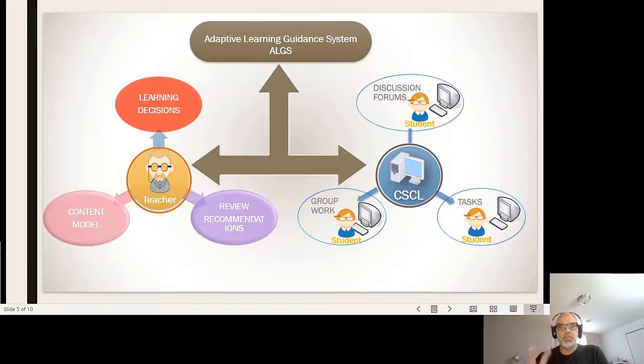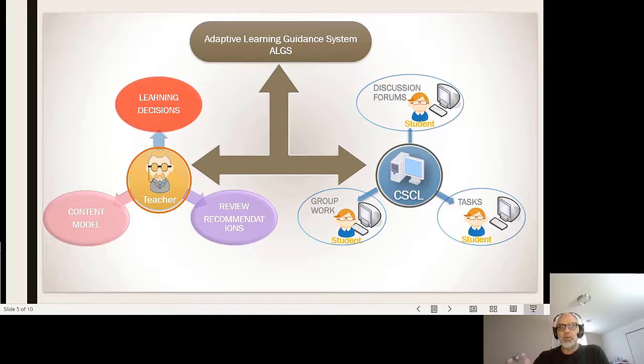The teacher has experience with this content, and a good understanding of how this content can serve the learning objectives, the learning plan and the learning path for each one of these individuals, what decisions need to be made, and how the recommendations can be reviewed periodically in order to modify the path in order to overcome hurdles.